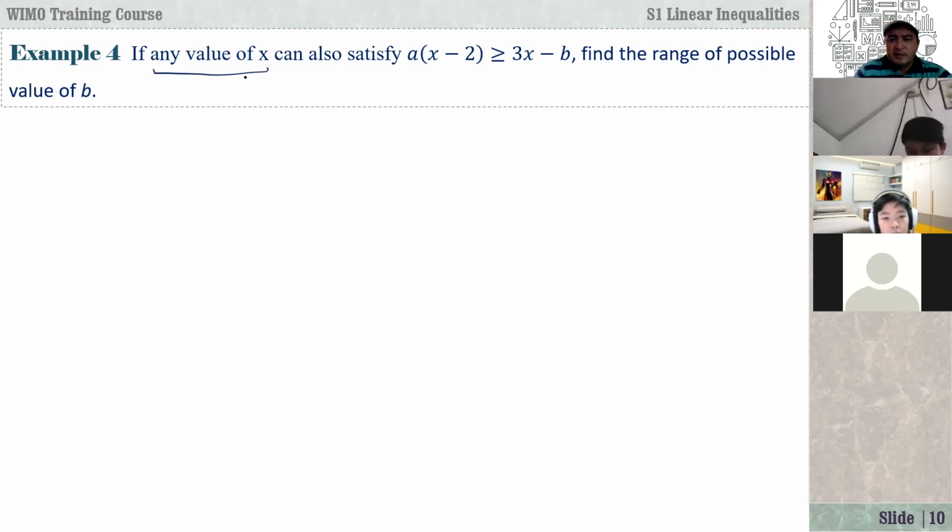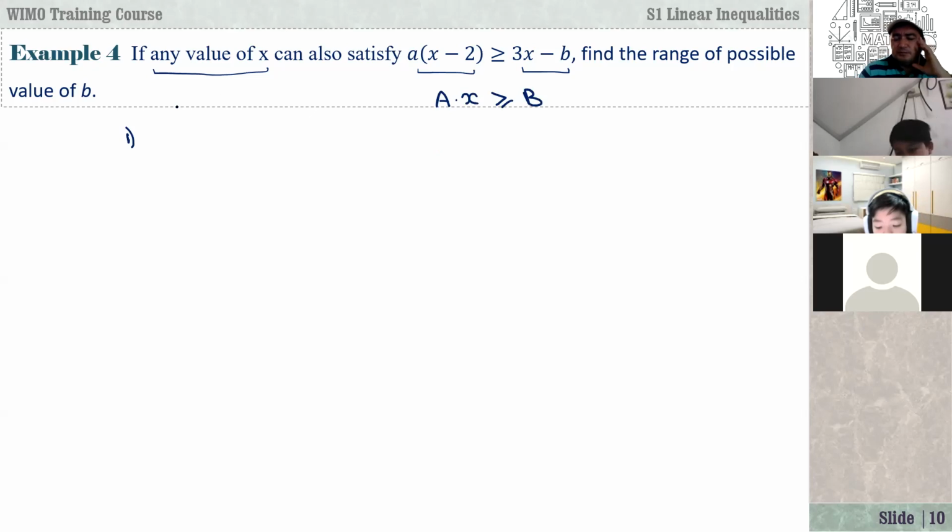Whatever you substitute for x, if you evaluate this, the left-hand side will be greater than or equal to the right-hand side. So first let's solve this and bring it into the form a times x is greater than or equal to capital B. After that, we will discuss this.